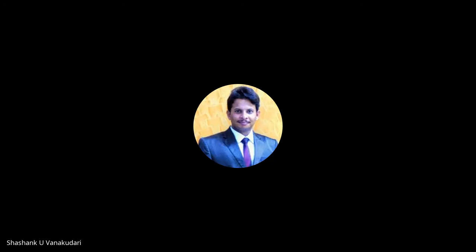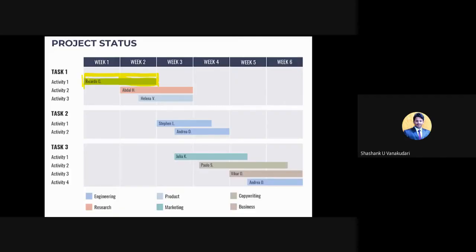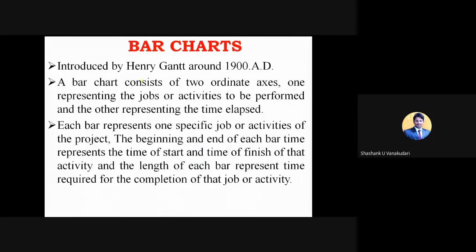So in this bar chart, a bar represents a particular activity which has a certain start time and end time, and the length of the bar indicates the total duration of that activity. Each bar represents one specific job or activity of the project.